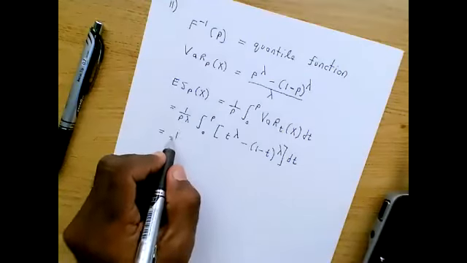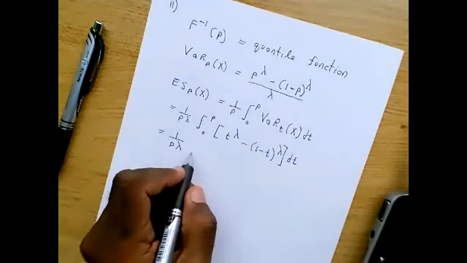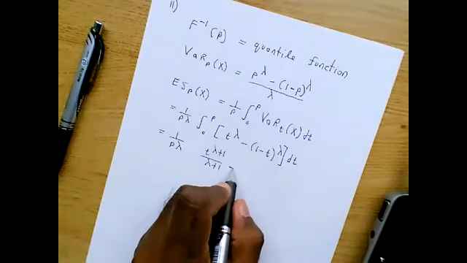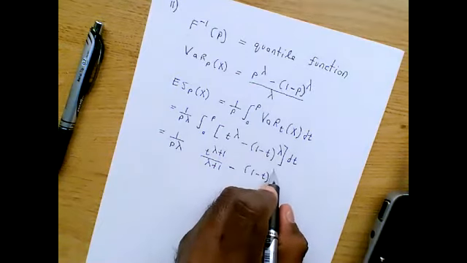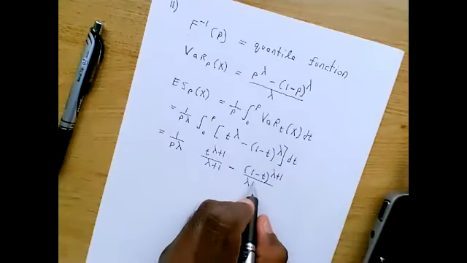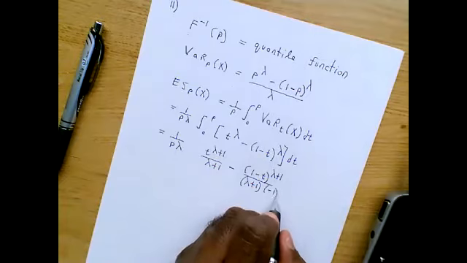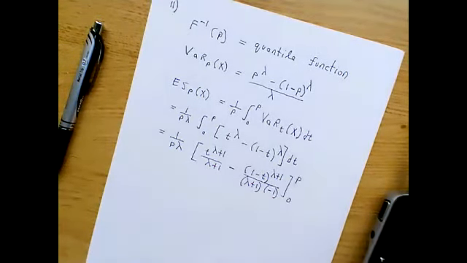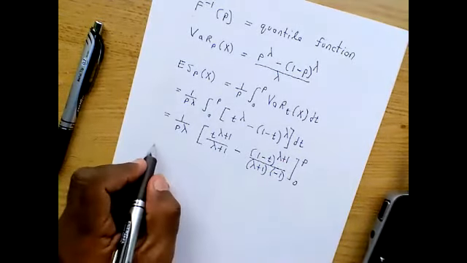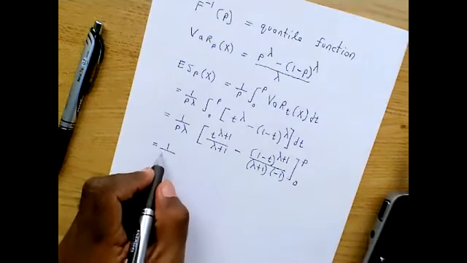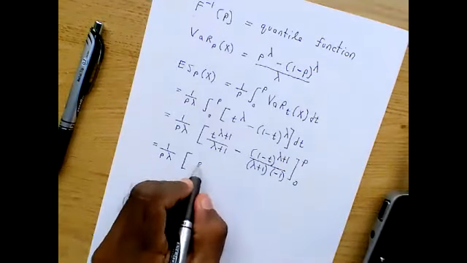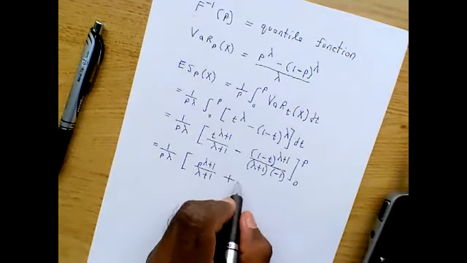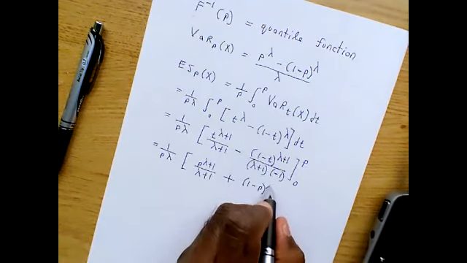So you get 1 over P lambda T. Then you take the limits from 0 to P, and if you do that and simplify, you get this, unless I made a mistake, let me know.